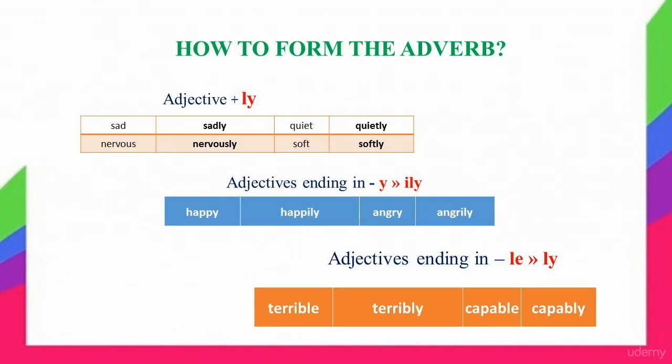How to form the adverb? Please have a look at this slide. Adjective plus ly. Sad, sadly. Quiet, quietly. Nervous, nervously. Soft, softly. Adjectives ending in y, add ily.